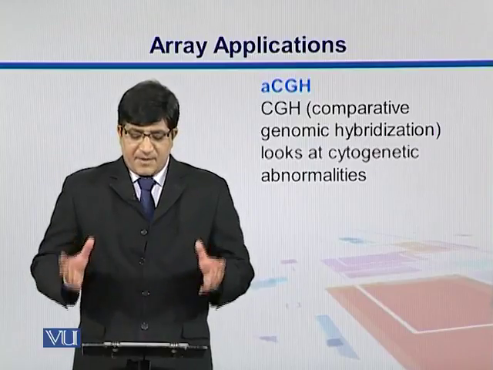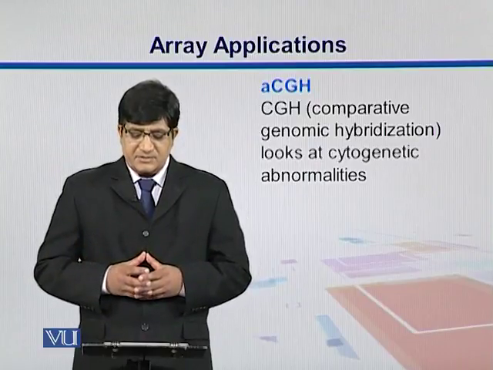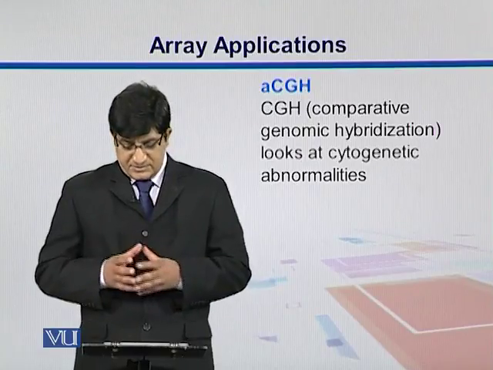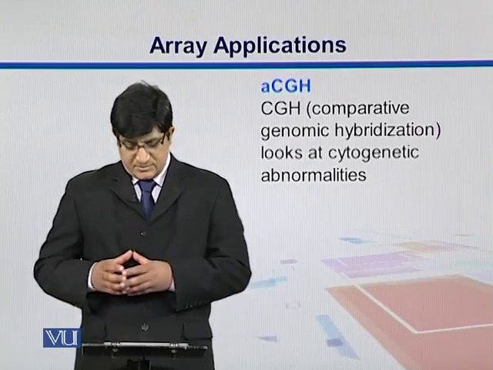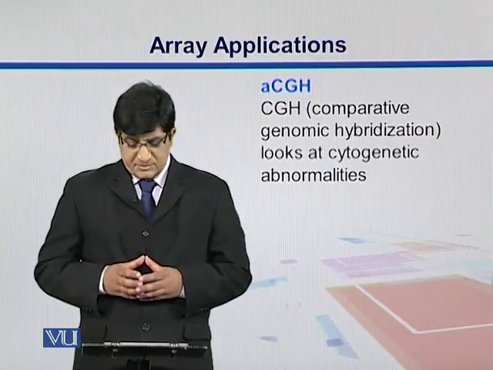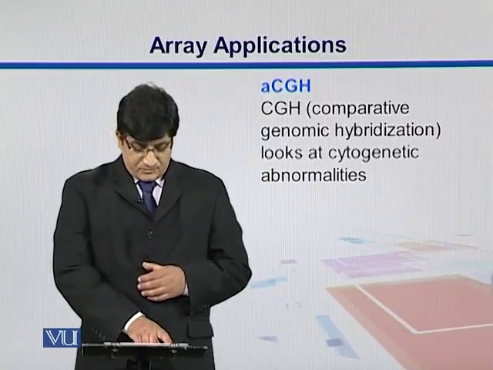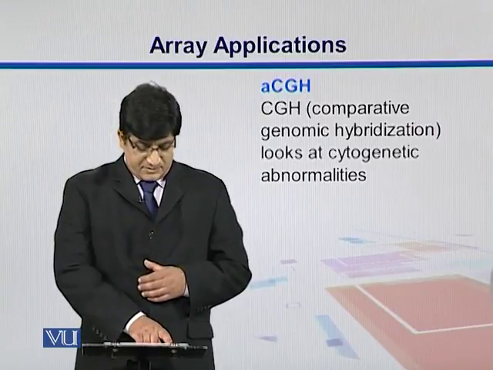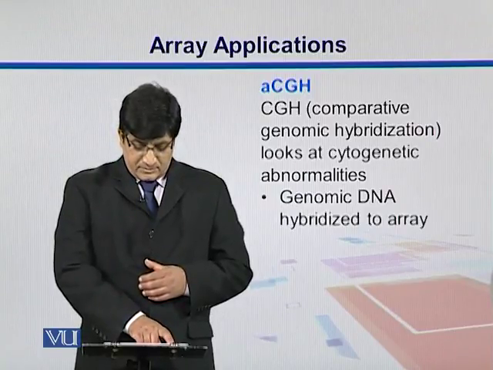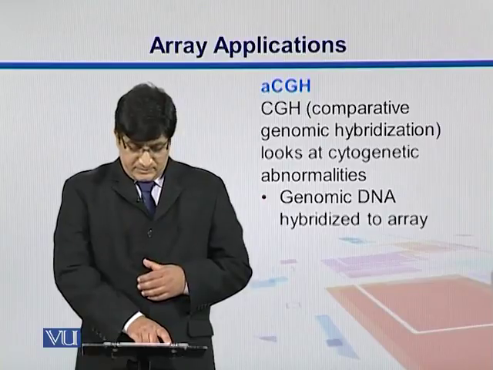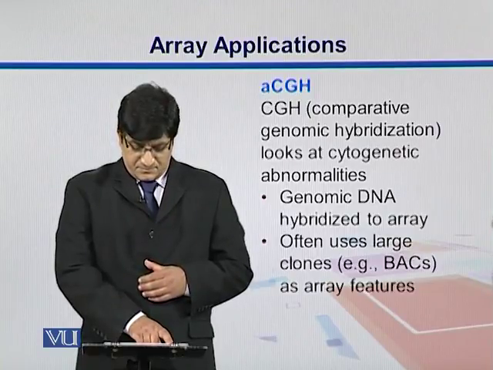Comparative genome hybridization, CGH. That is aCGH, array comparative genome hybridization, which is there to look into cytogenetic abnormalities. So we can also design arrays for that. We take genomic DNAs and we hybridize them to these arrays.